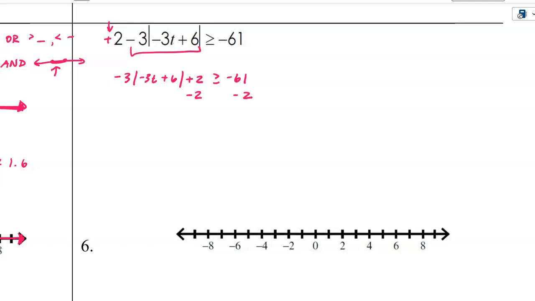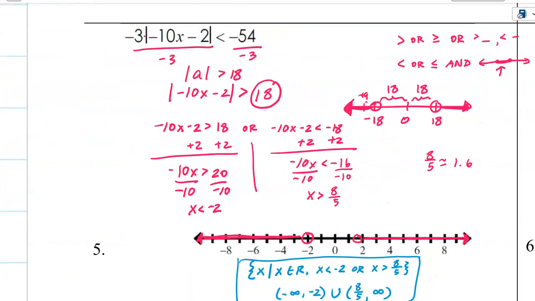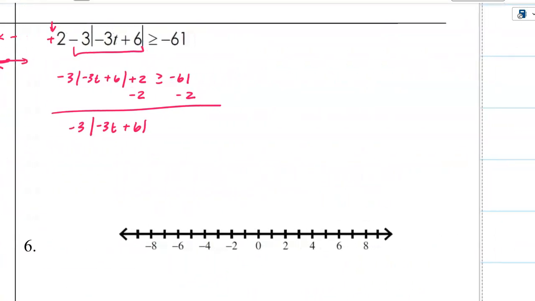So I'm going to subtract 2 from both sides: the absolute value of -3t plus 6 is greater than or equal to -6. Divide both sides by -3, and turn the inequality. 21.